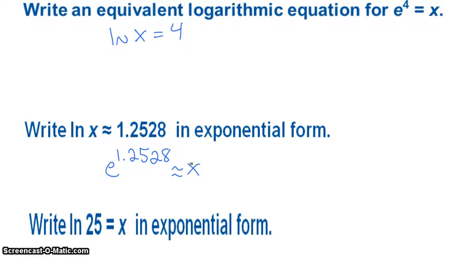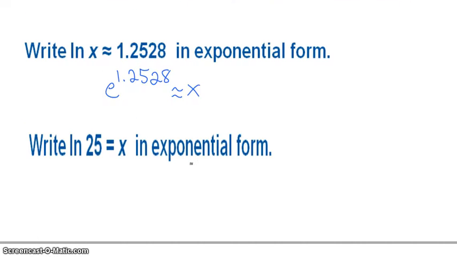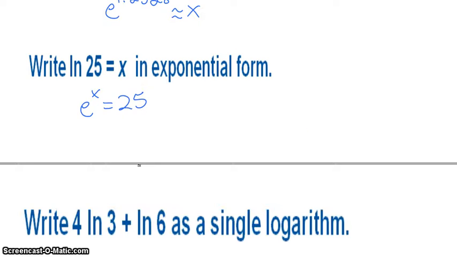So e to the 1.2582 is approximately x. Similarly for the next one, natural log of 25 equals x. I've got a base of e to my x equals 25. Same rules as logs, it's just natural logs.